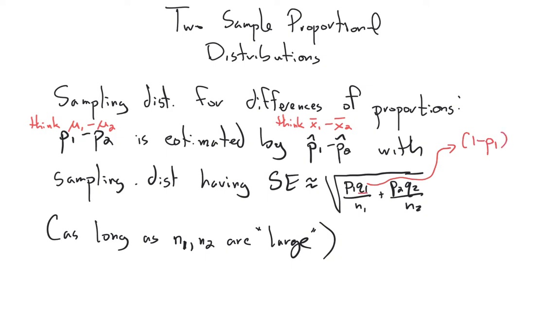And I should be accurate here, I'm going to put hats on these guys. Since our sample size is large, we can use our sample proportions in place of the true population proportions. So if we calculate that, we get our standard error. And this, of course, follows a normal distribution.